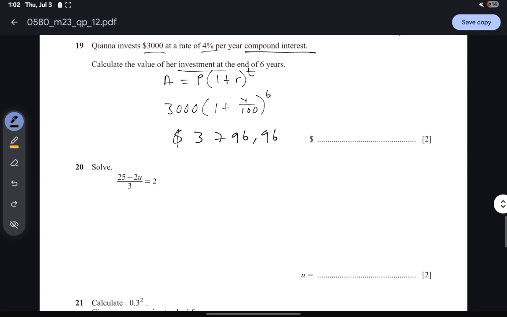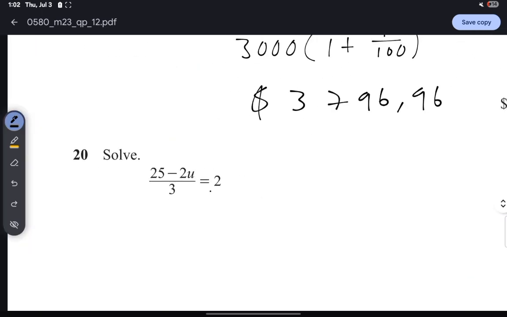Then number 20, we're being asked to solve this. So this is 2 over 1, and we have one term on either side of the equal sign, so we can cross multiply. By cross multiplying, 3 times 2 we get 6. This times 1 we get it as it is, so it's 25 minus 2u.